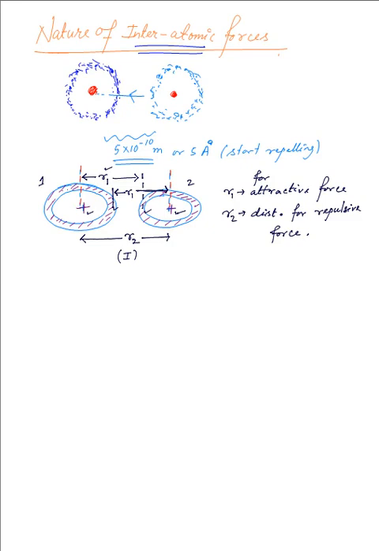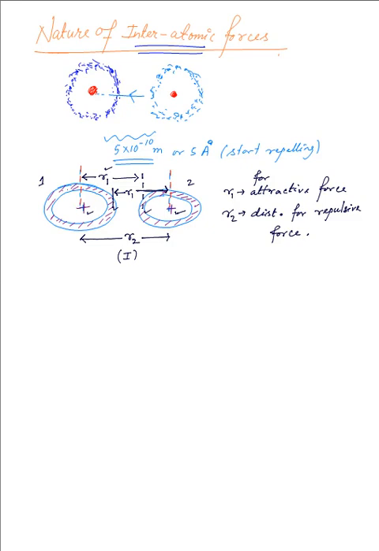And in that case, suppose the attraction now is obviously greater than the repulsion, because as you can see R1 is less than R2 in this case when the atoms are at a certain considerable distance from one another.